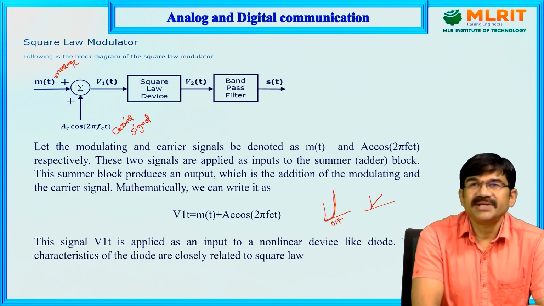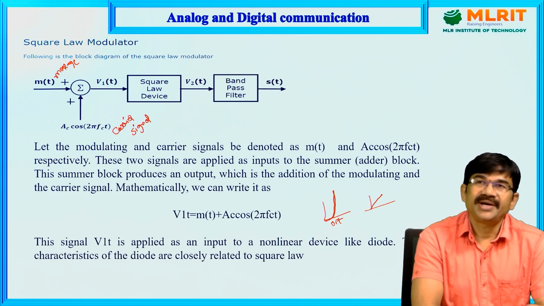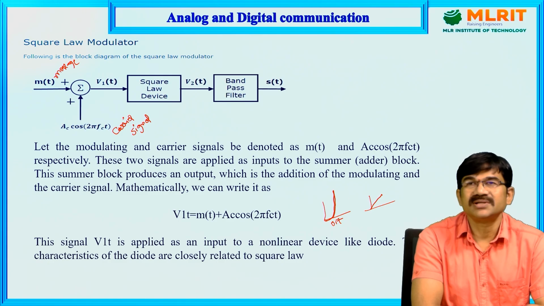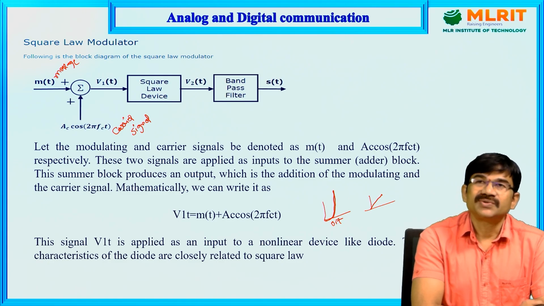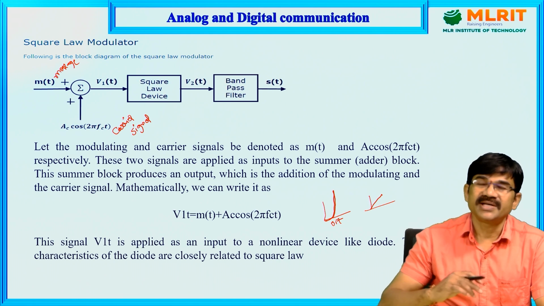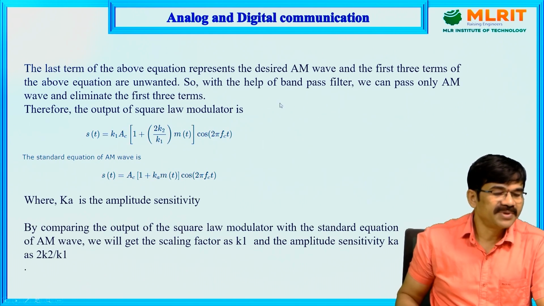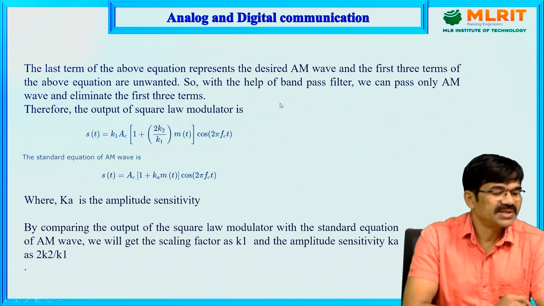We are designing the band pass filter in such a way that it will allow only the message signal to pass through it, and it will not allow other high frequency signals and low frequency signals below the message signals. Okay. So it will allow only the message frequencies which are designed as per our requirement. So now by using the band pass filter, the remaining frequency components are eliminated.